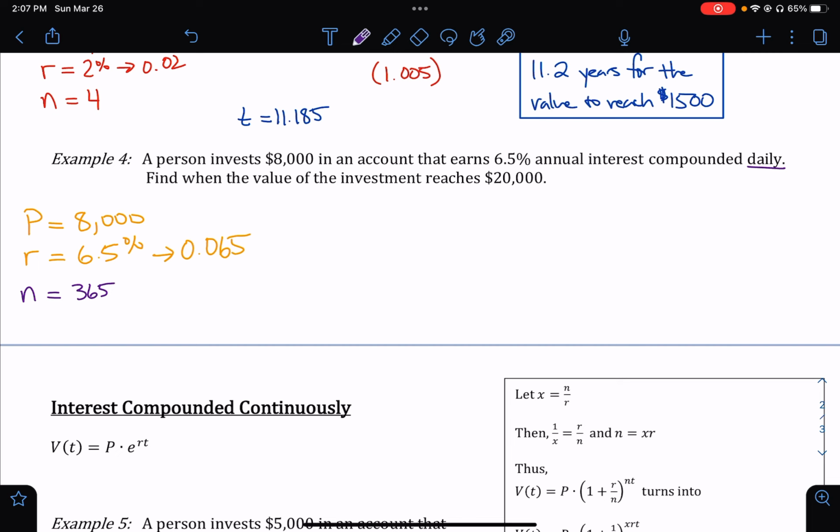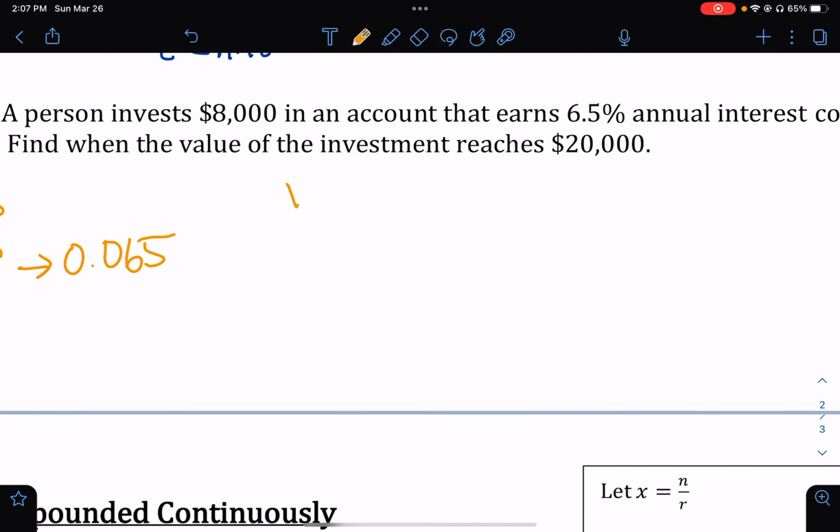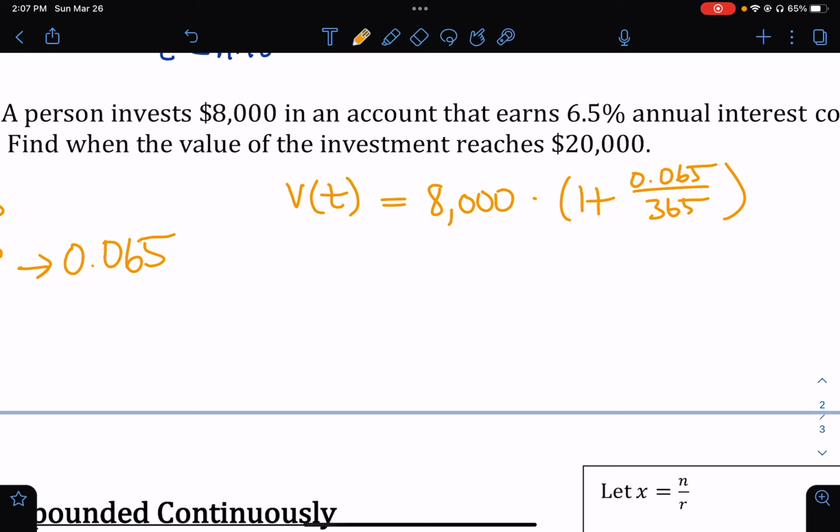So as we write our value formula here, we have V of t equals our principal, 8,000, times 1 plus 0.065 divided by 365 to the power of 365t.